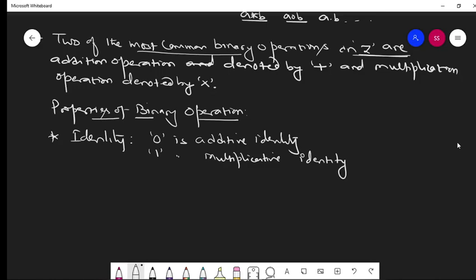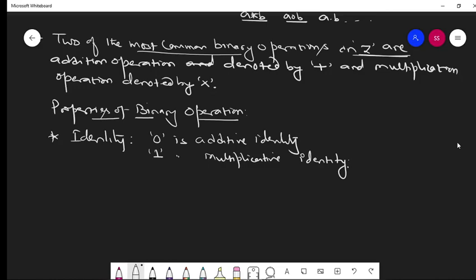It means if we add 0 to any number, we get the same number. That's why it is the additive identity; it will not change the given number. And 1 is the multiplicative identity, meaning if we multiply any number by 1, we get the same number. It will not change the given number after multiplication.